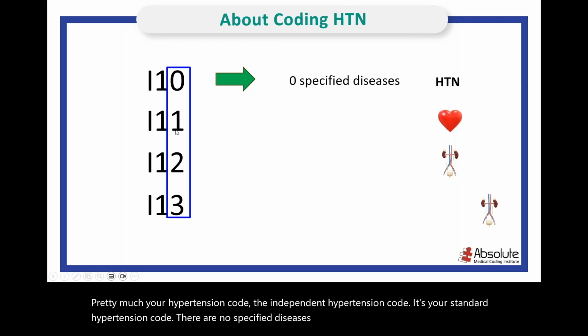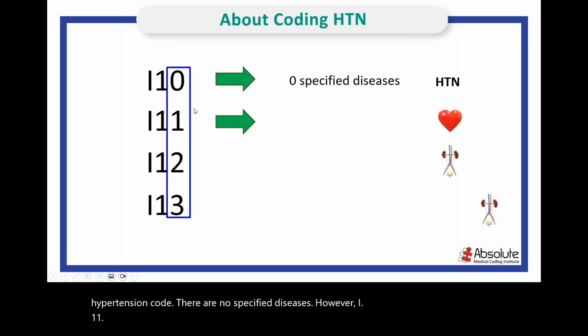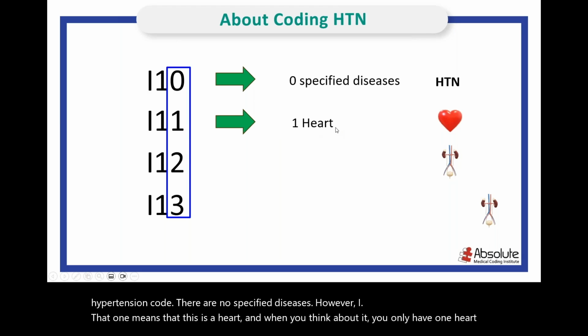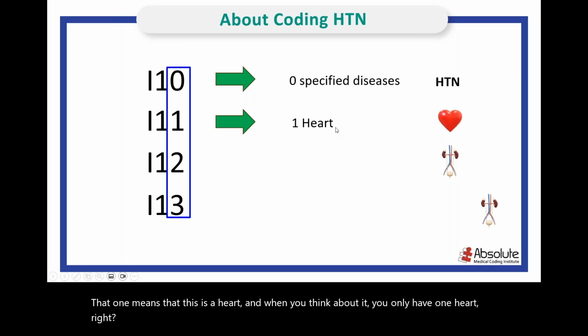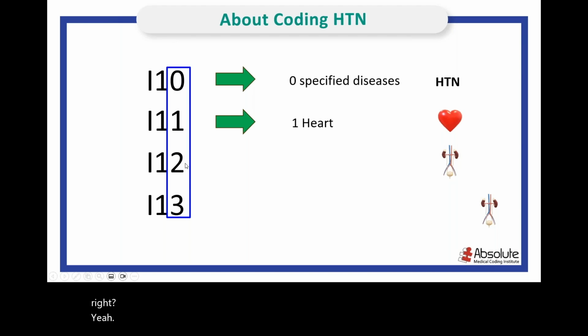However, I11, that one means that this is a heart. And when you think about it, you only have one heart, right? I12, the 2 signifies that you have 2 kidneys, right?